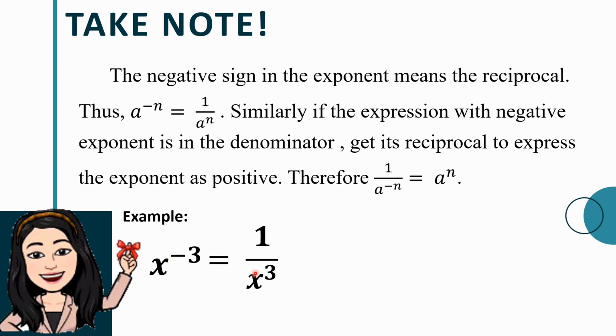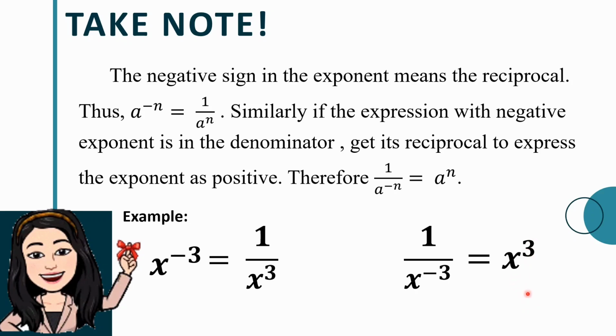Another, kapag naman fraction, nasa denominator naman ang ating negative exponent, just like 1 over x raised to the negative 3. To make it positive, get its reciprocal. So meaning, si x to the negative 3, ilalagay natin sa numerator. So that is x cubed over 1. And x cubed over 1 is equal to x cubed. Nakuha ba? Good.